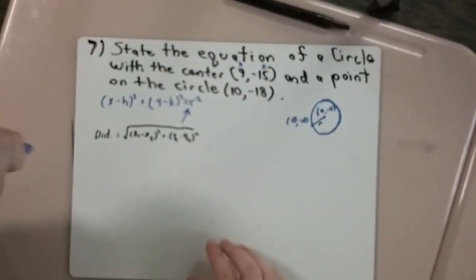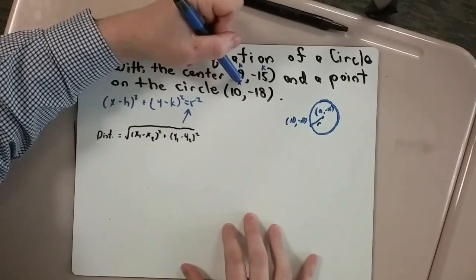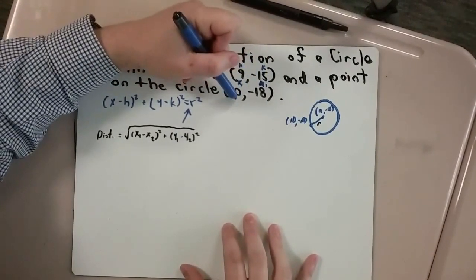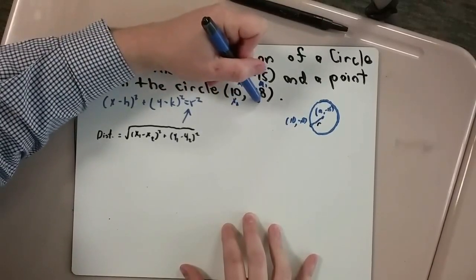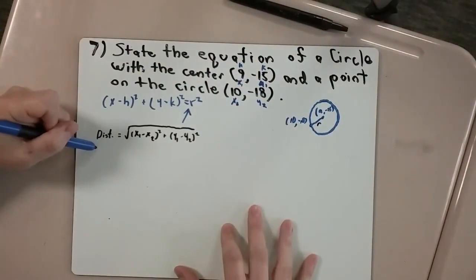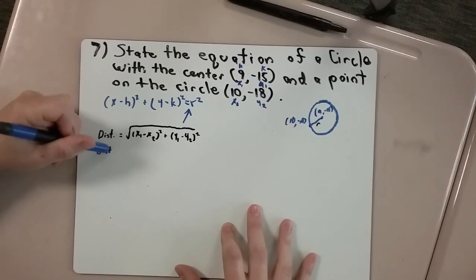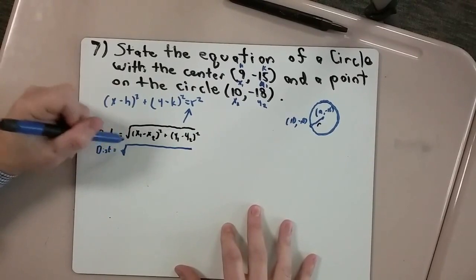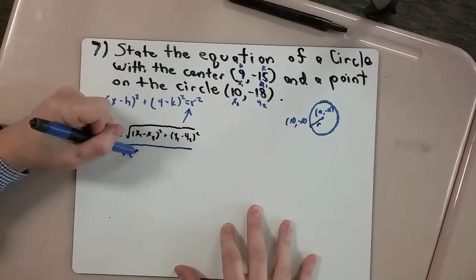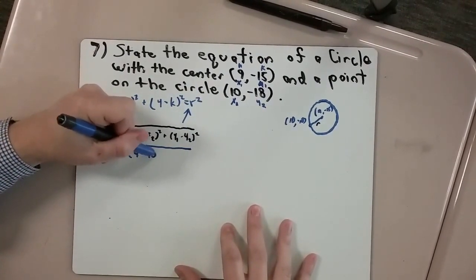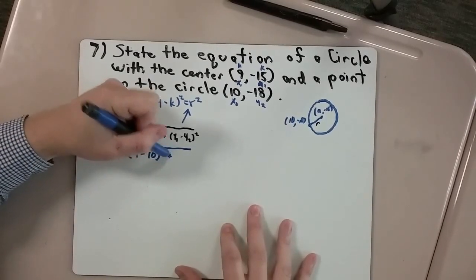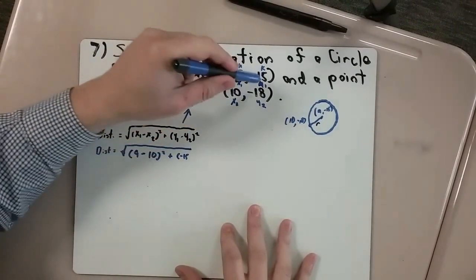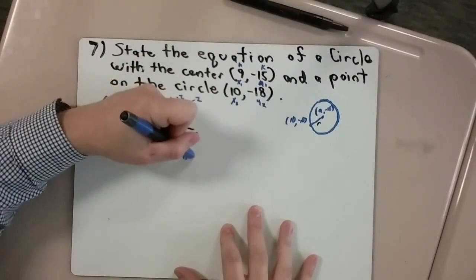So let's do this. I'm going to label this x1, that y1, this x2, and this y2, and I'm going to plug that in. So distance equals 9 minus 10 squared plus -15 but plus 18.